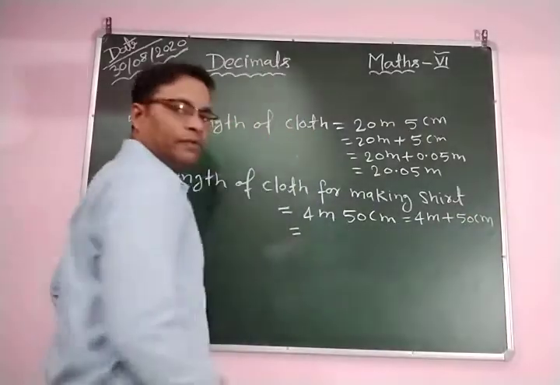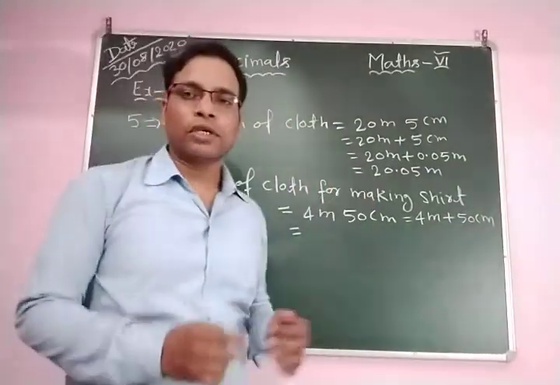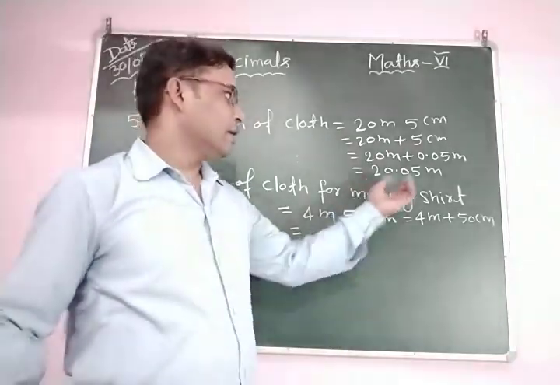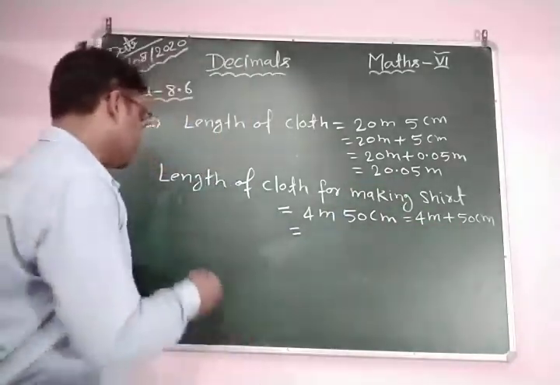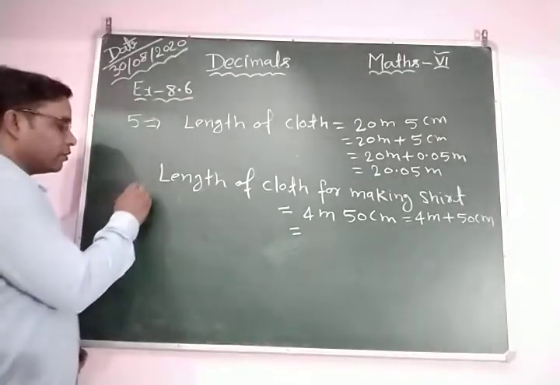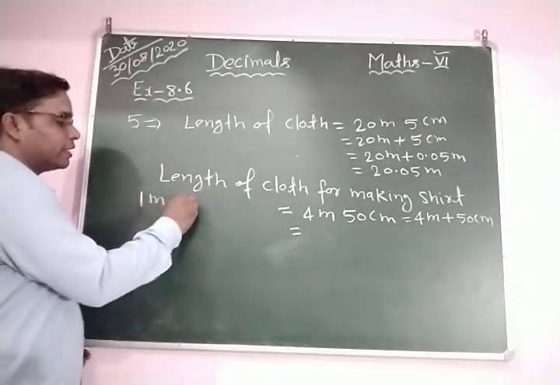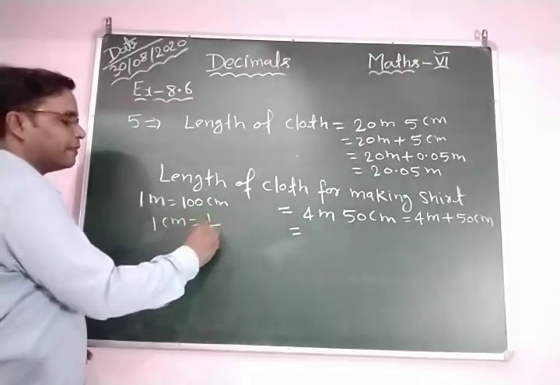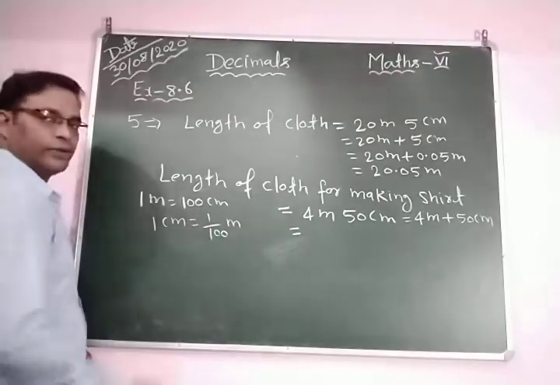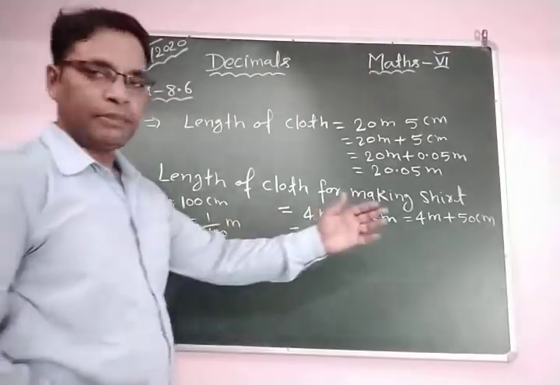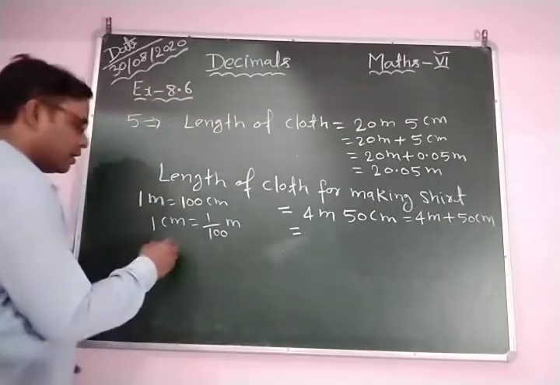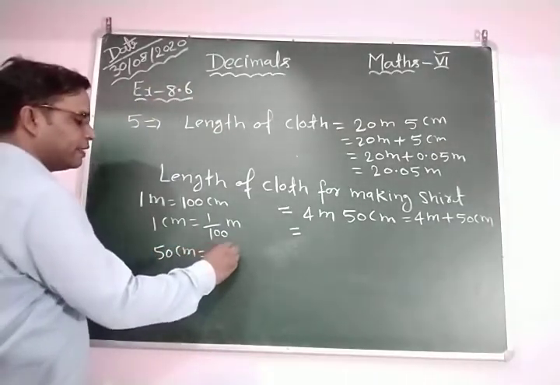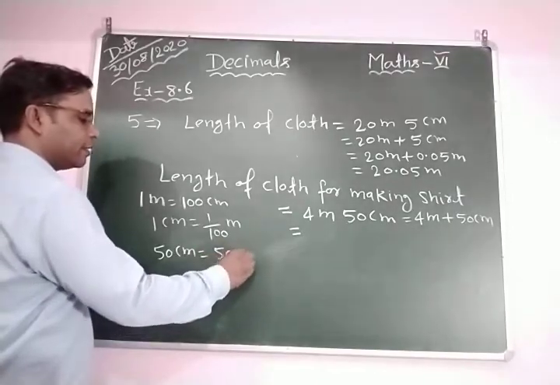We discussed how to convert centimeters to meters, so you know very well. Here we discussed that 1 meter is equal to 100 centimeters, or 1 centimeter is equal to 1 by 100 meters. We have 50 centimeters, so you can write 50 centimeters is equal to 50 by 100 meters.